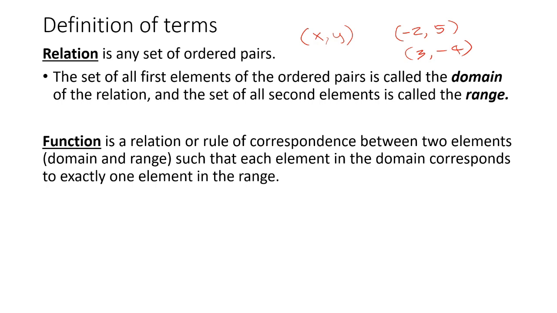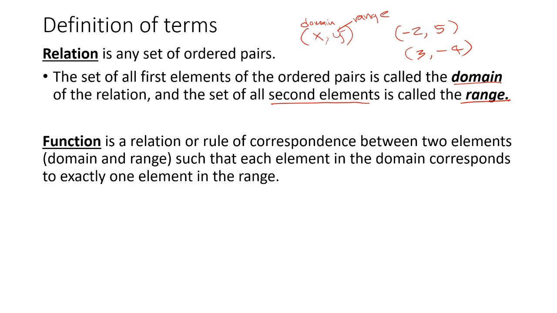Then it says here the set of all first elements of the ordered pairs is called the domain, and the second elements is called the range. So the x is the domain and the y is the range.